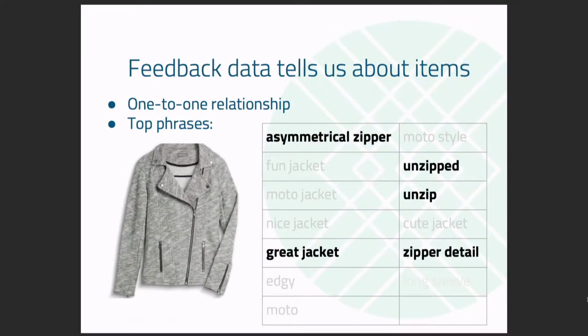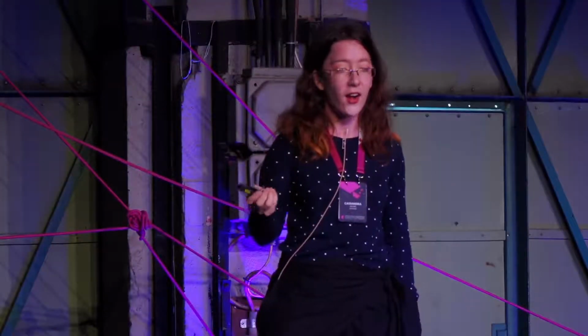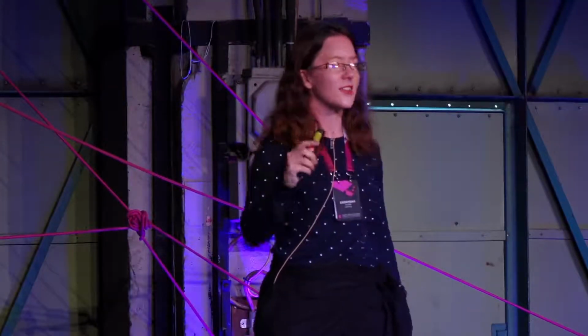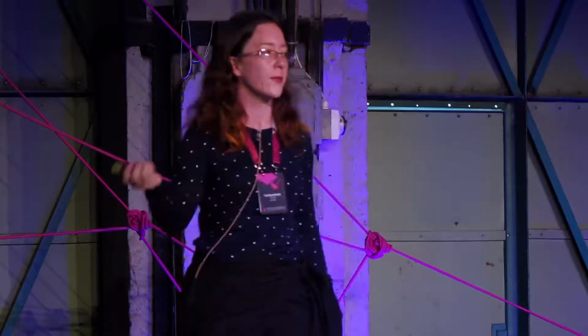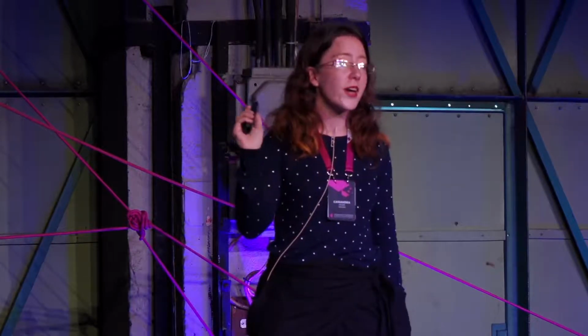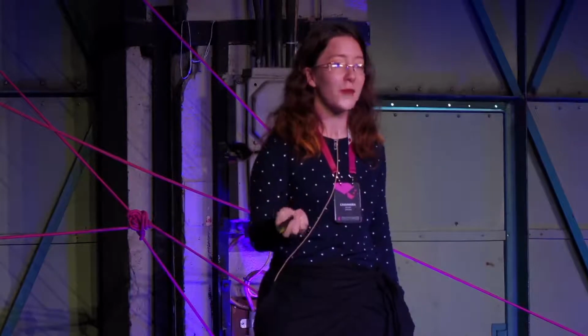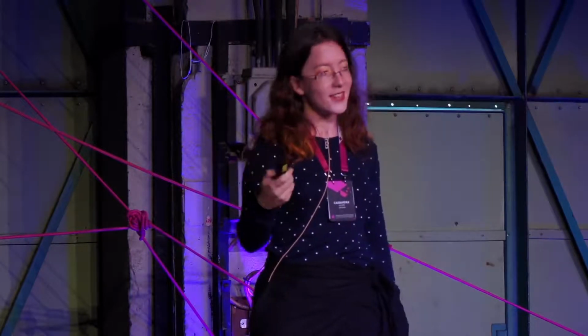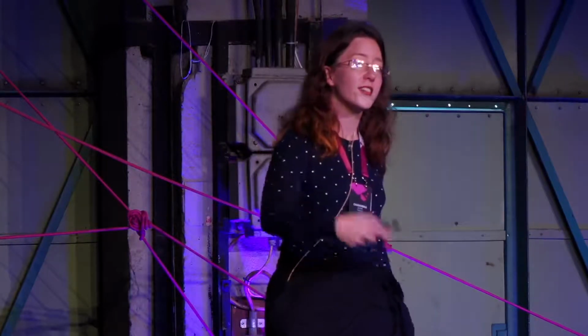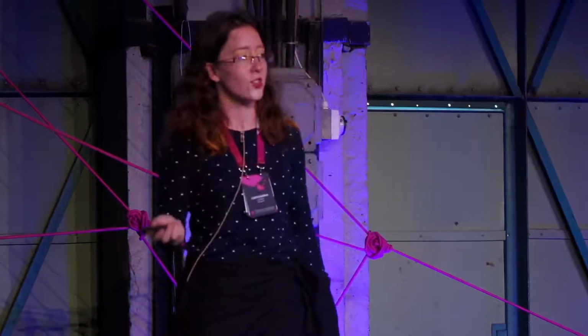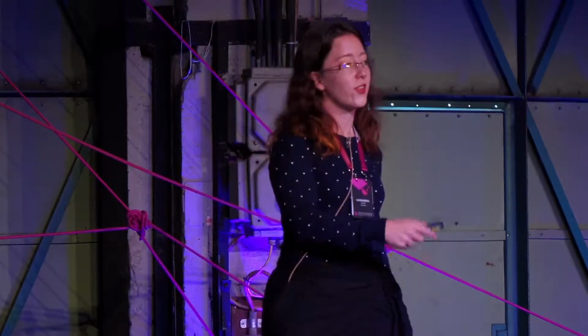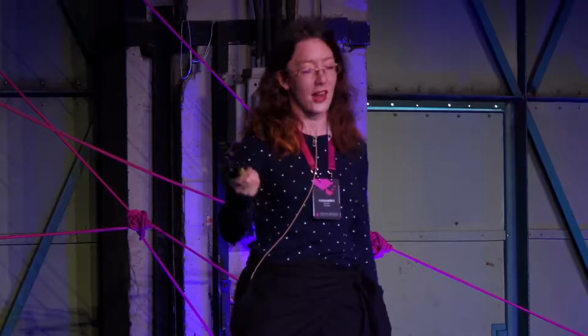They don't really specify things in terms of zipper details. They'll say, maybe I'm looking for something with a cute zipper or something along those lines. And similarly, the term great jacket really might describe this item, but it doesn't ever show up in request notes. So clients will not say they are looking for a great jacket. They'll say, I'm looking for a cute jacket or a nice jacket. Great jackets are things that people say when they actually like the item.